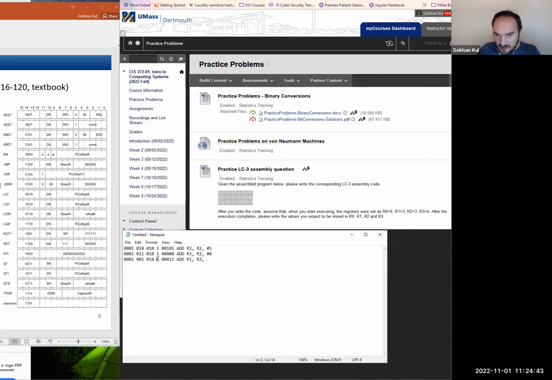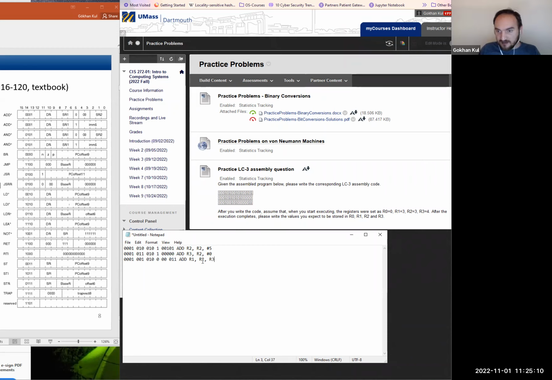Because this fifth bit is 0, that means I am going to need to look at the last 3 bits. The last 3 bits here are 0, 1, 1. That means I'm going to add R3.